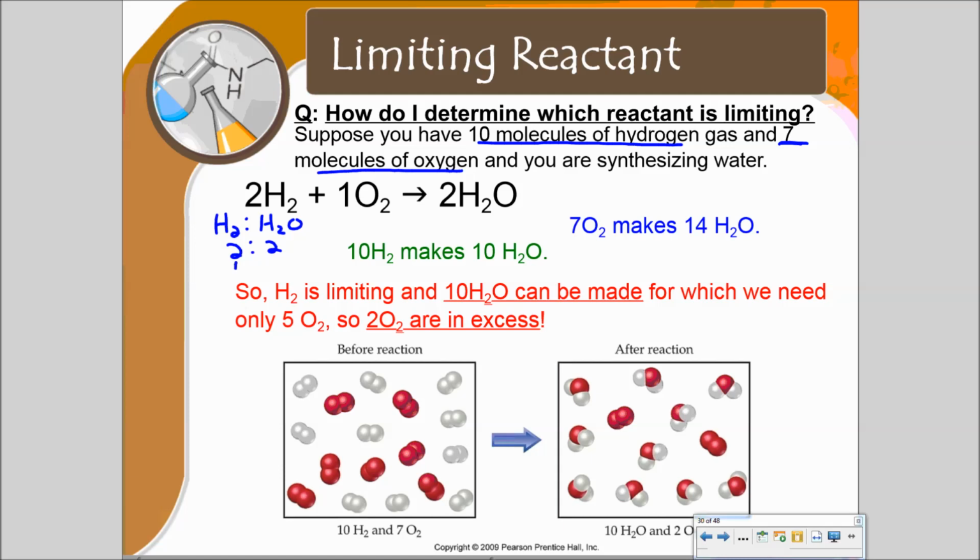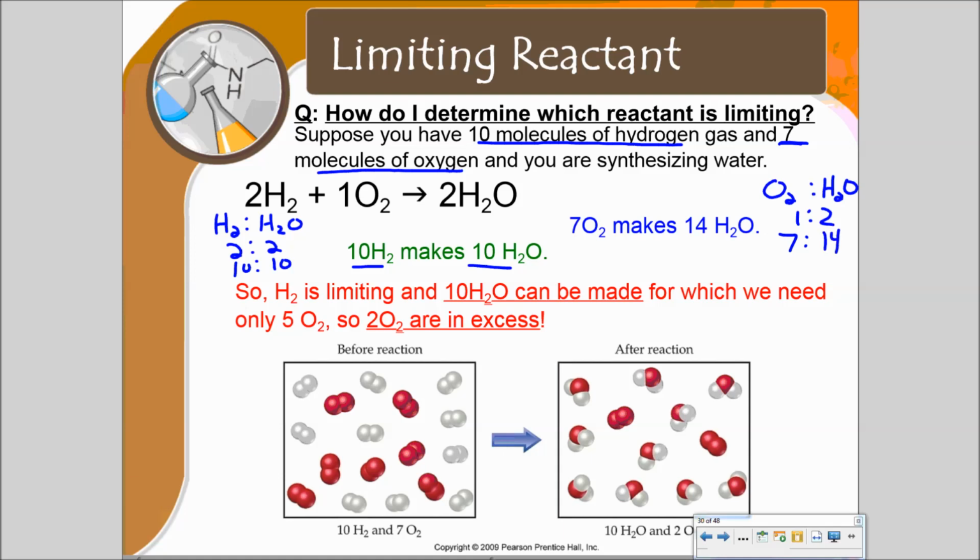So if we had 10 molecules of hydrogen, how many molecules of water would we get? Since it's a 2-to-2, you get 10. If we want to look at the oxygen, between oxygen and water, the ratio is a 1-to-2. So if you have 7 molecules of oxygen, you're going to get twice as much water, so it's 14.